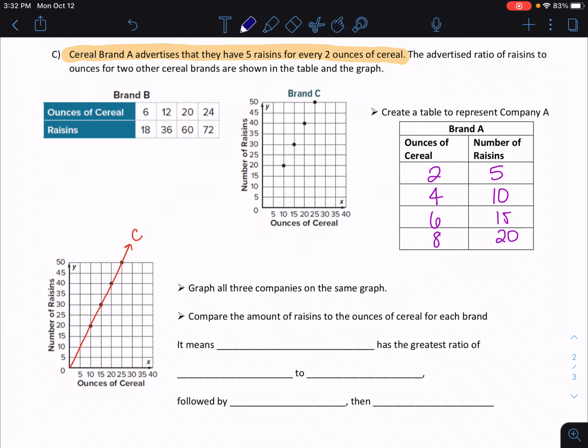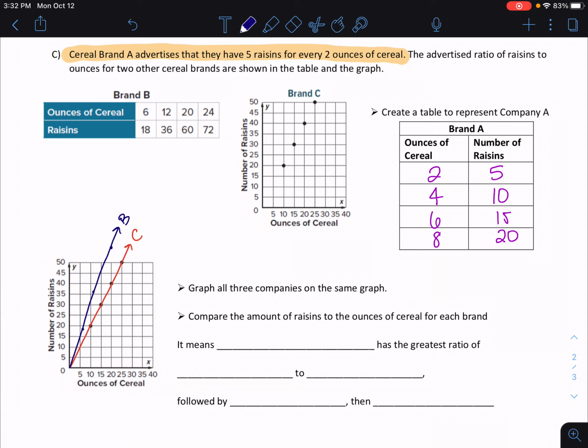And I'll plot brand B. So 6, 18 is going to be somewhere here in the middle. 12, 36 is going to be right above 35. 20, 60 would be somewhere up here. And I can plot those 3 together.